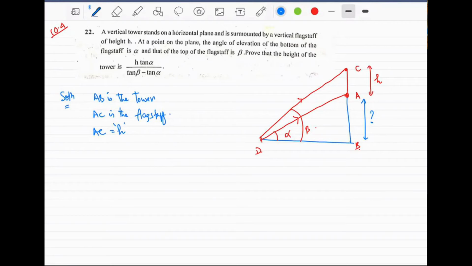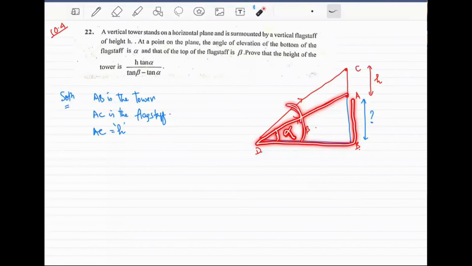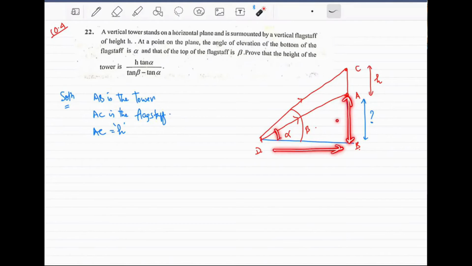Start by taking the small triangle. The small right angle triangle is this part right here. What angle is there? Alpha, not beta. Beta is the bigger one. So in this part, we have the angle alpha. We have to find out tan alpha by dividing opposite and adjacent.